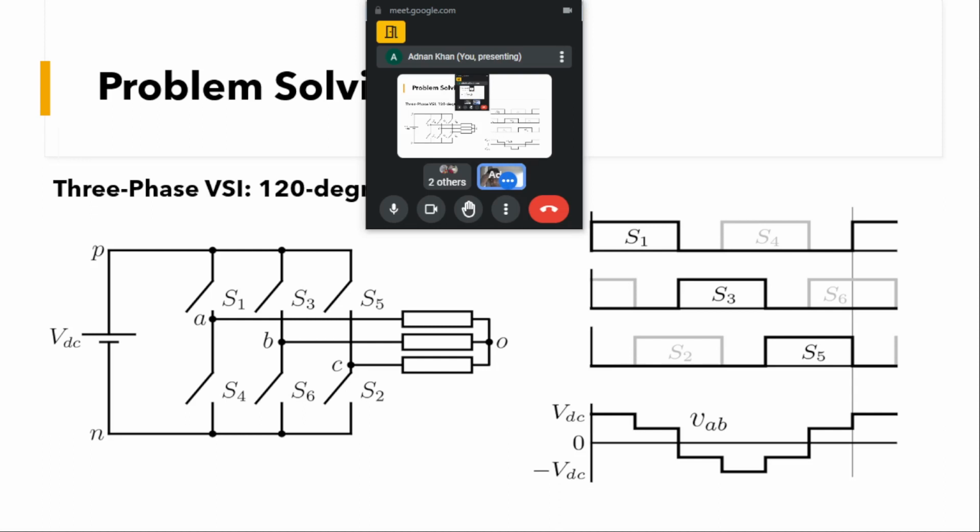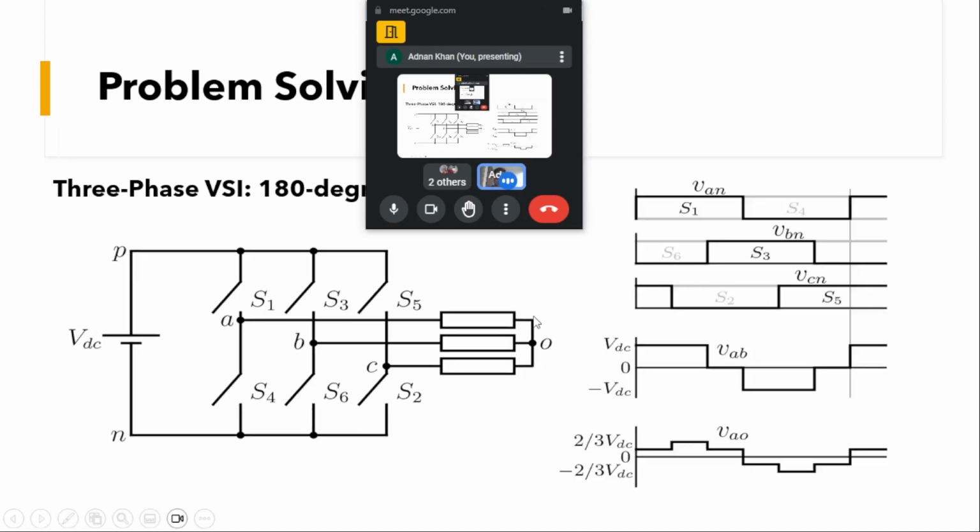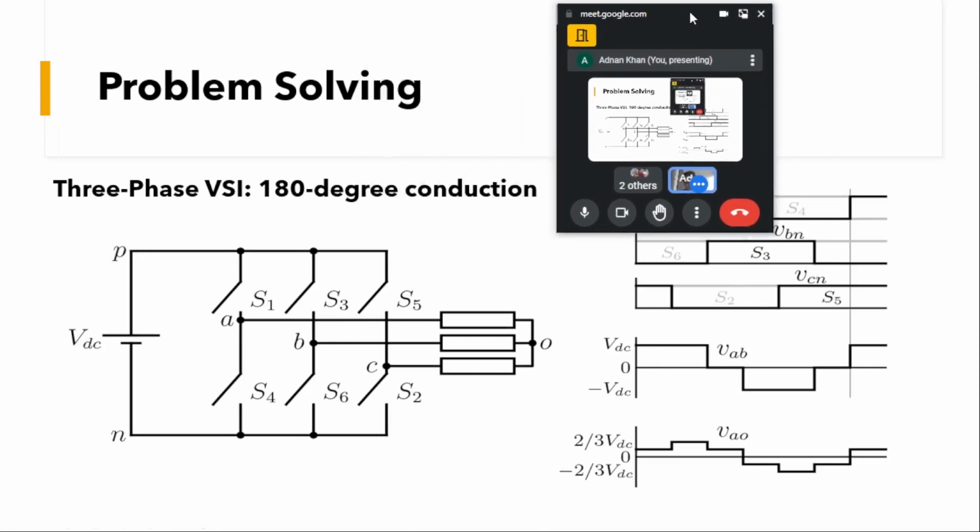Got it? So here you can see in the 120 degree conduction mode, only 2 devices are turned on in a period, and in 180 degree mode, 3 devices are turned on in a 60 degree period.